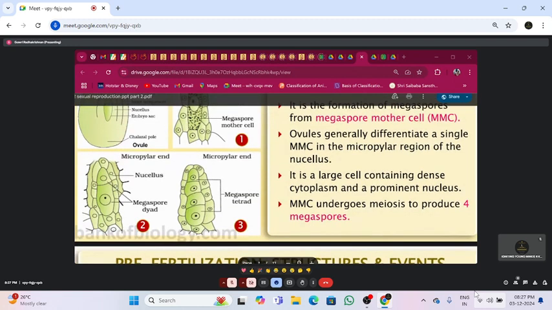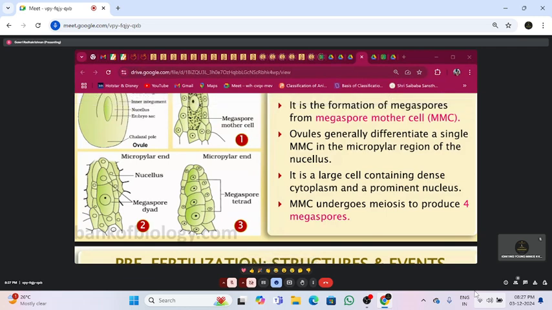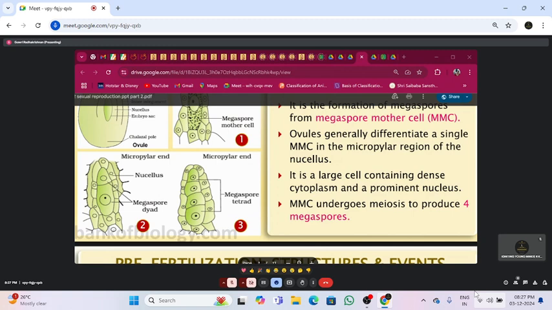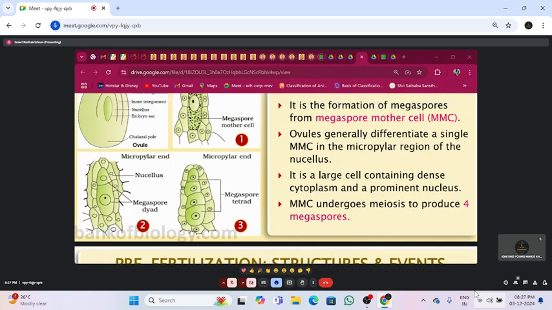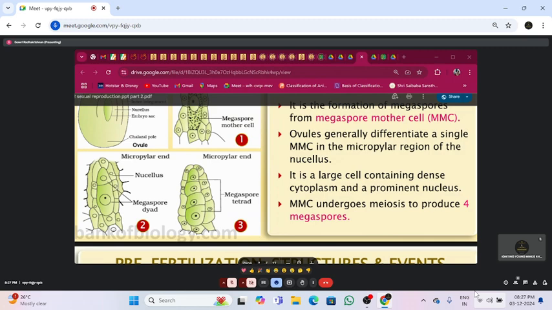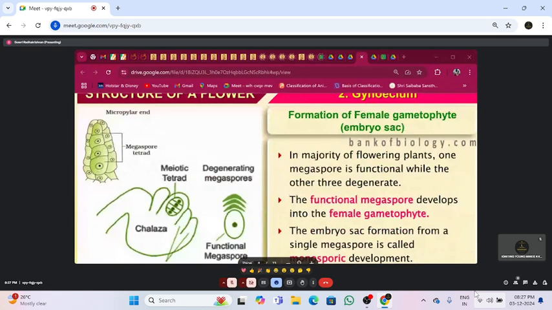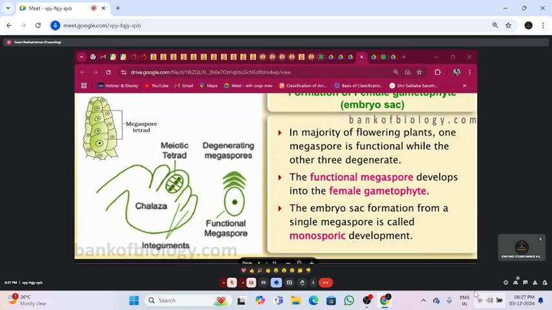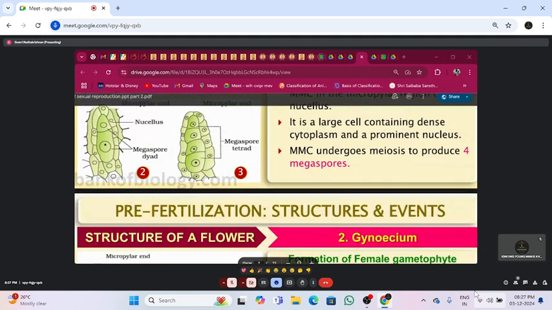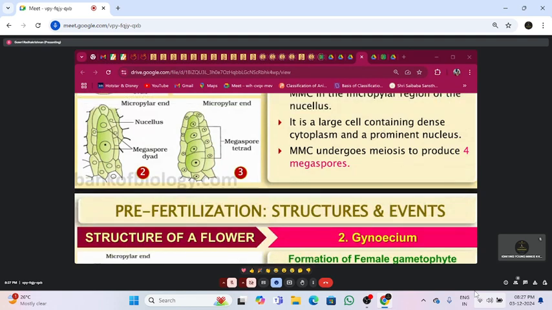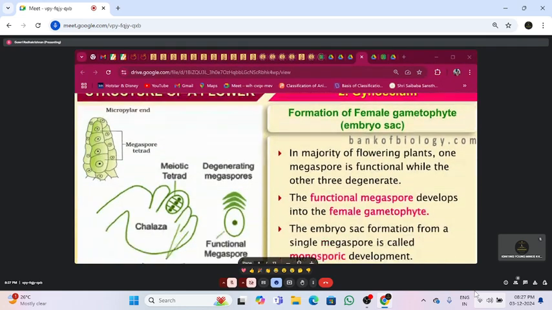So the megaspore mother cell undergoes meiosis to produce 4 megaspores like this. This we call megaspore tetrad, as in the case of pollen tetrad.